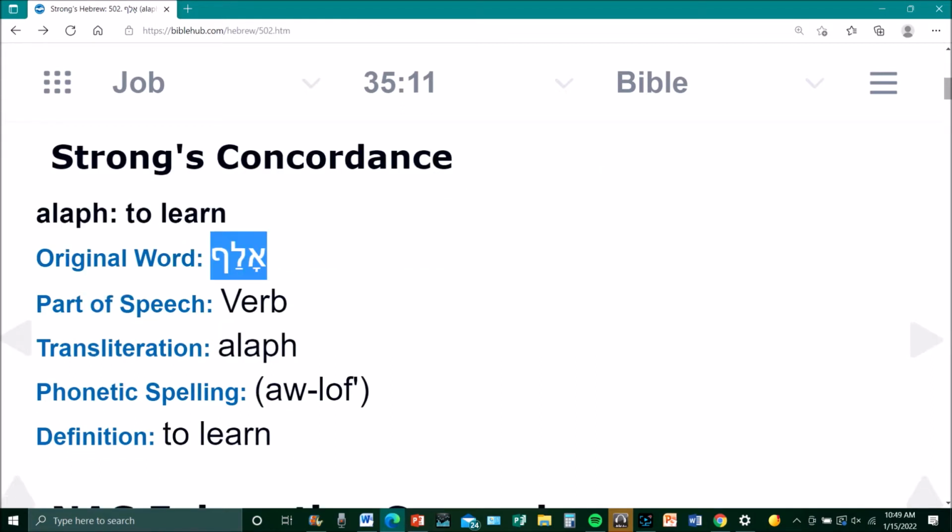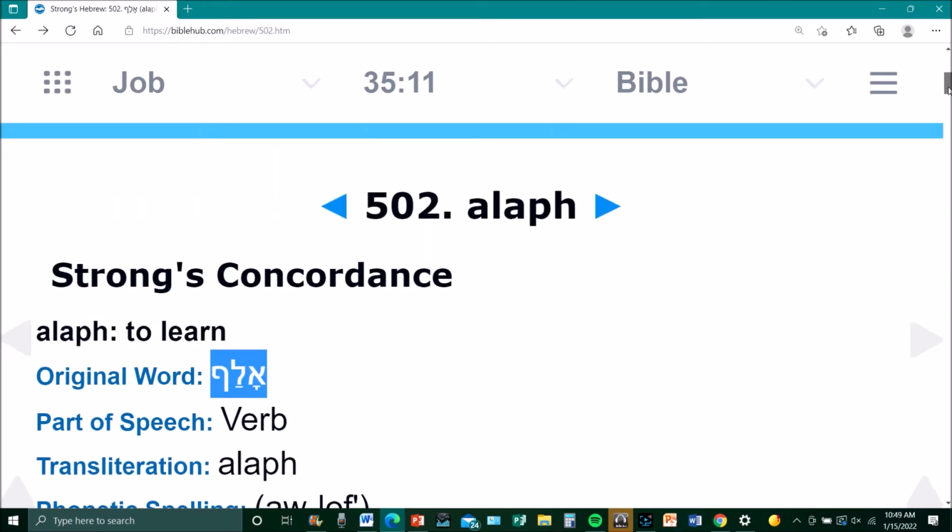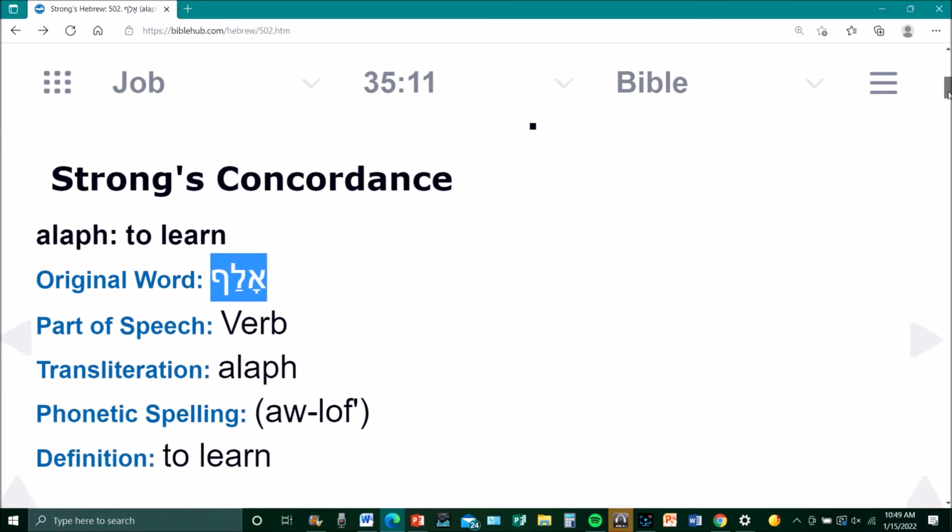So here is our first word that is from Aleph. This is the first one. It's Strong's number 502. You can already see here at the top where it says to learn. This is just a short little snippet of the definition.